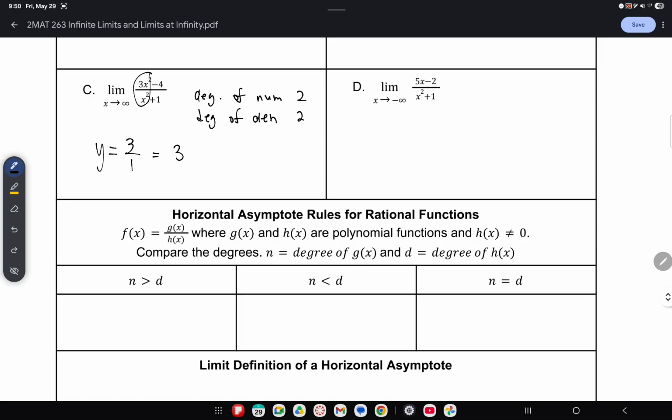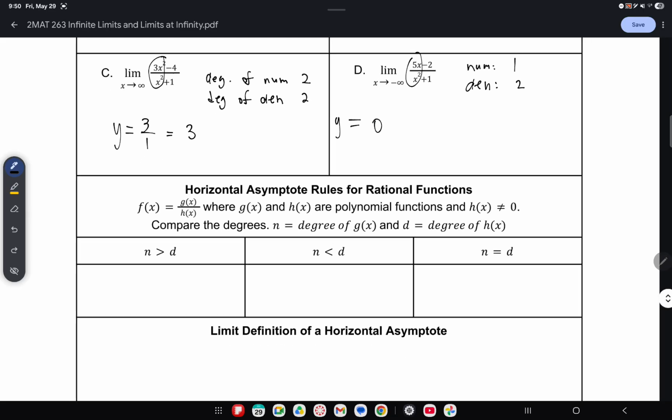And so let's look here. I compare the leading terms again. The numerator degree is 1. The denominator degree is 2. So we have a case where the denominator is greater. That denominator is going to grow faster, which means we're going to go to 0. So the horizontal asymptote is y equals 0.